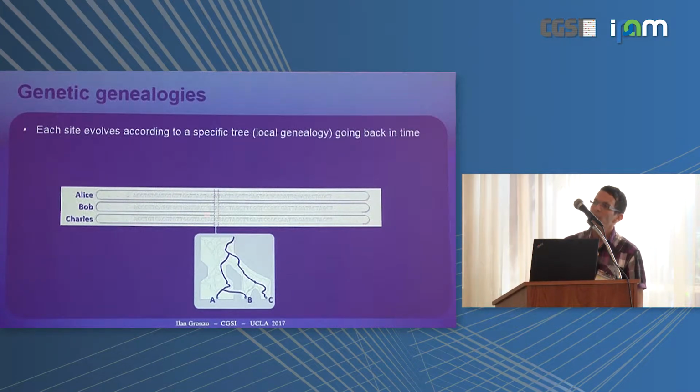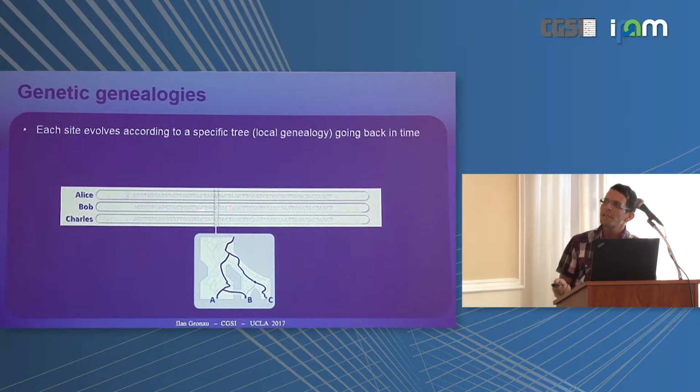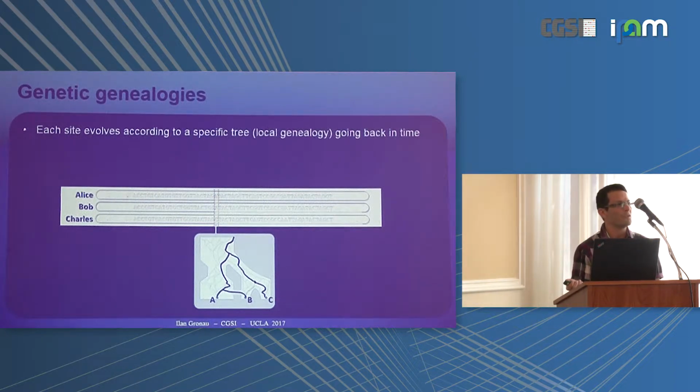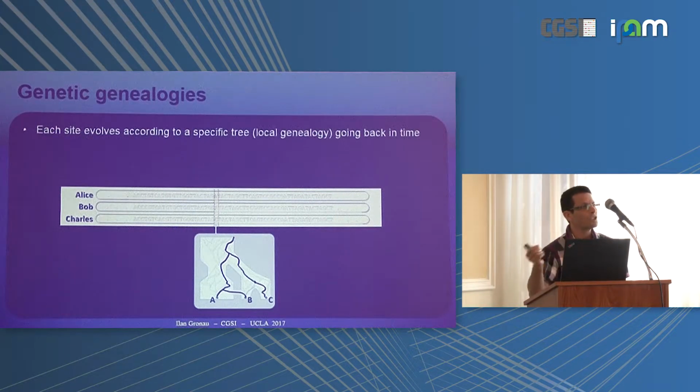That's what happens if you look only at a certain site, and there are obvious connections between the site patterns. If you see no mutation here, if it's a site without polymorphism, then you don't really get information about the genealogy. But if you have a mutation, then you can think that the mutation has to sit on one of these branches, and you do get some very weak information about that genealogy.